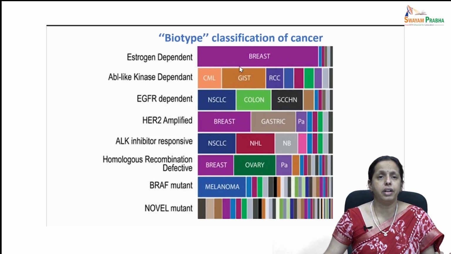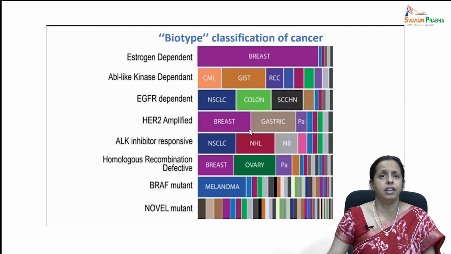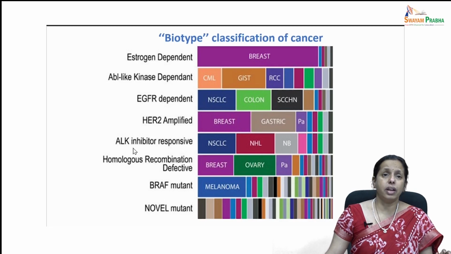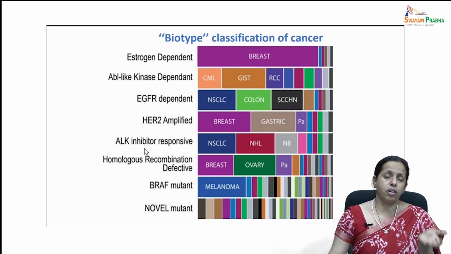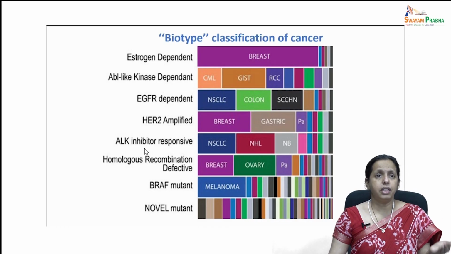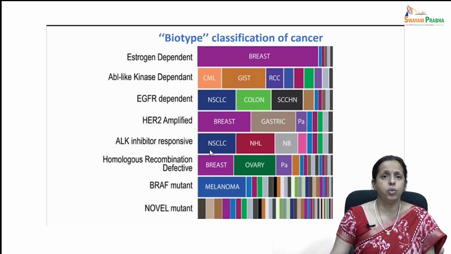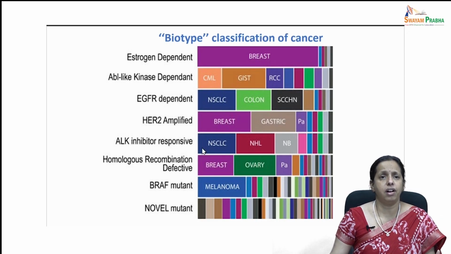These are the different types of cancers. Then you have EGFR dependent, here you have your lung cancer and the colon cancer. Then if you have HER2, you have breast, gastric and pancreatic or PDAC. Again you say ALK inhibitor responsive. So you are stratifying, classifying according to the particular drug, and here you have your lung cancer and so on.